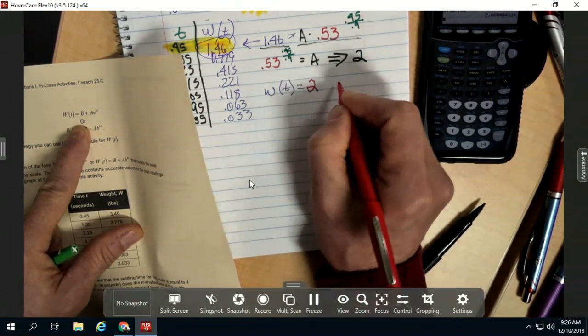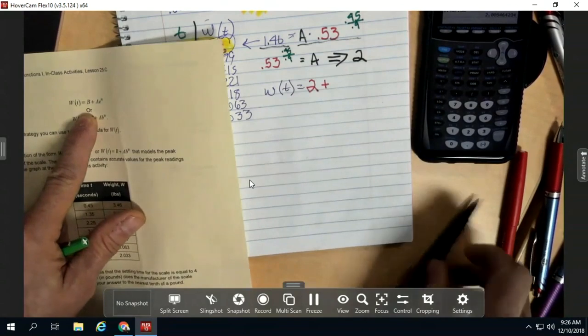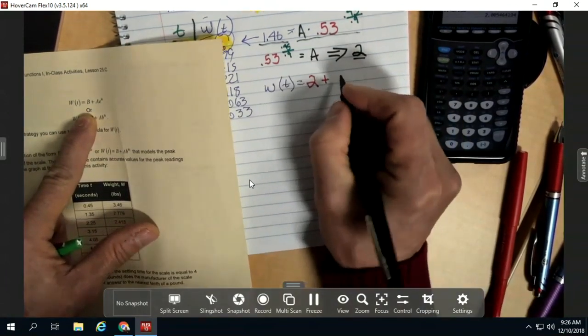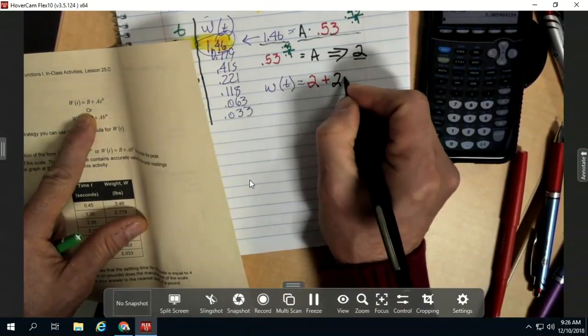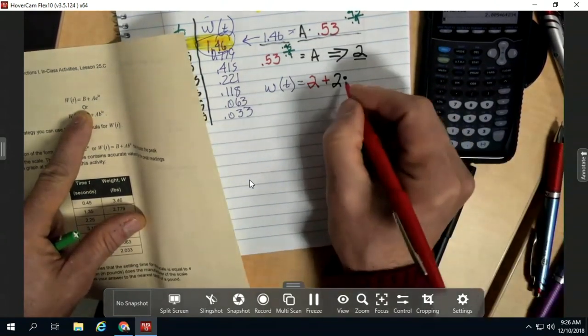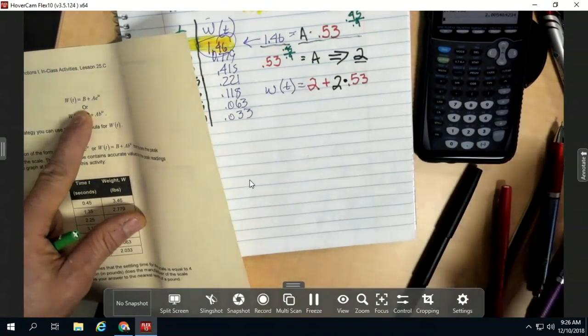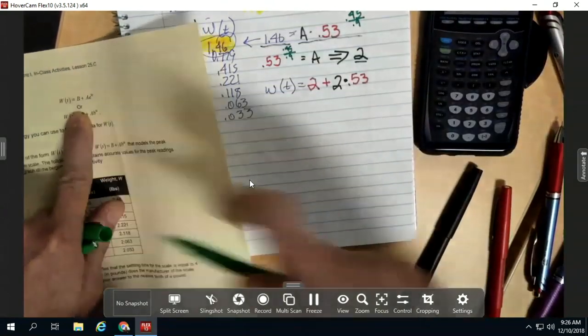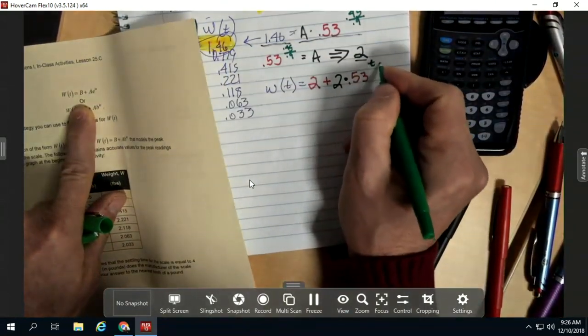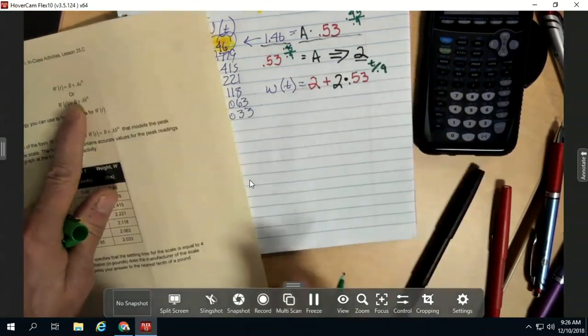Is 2 plus, what was our A value? 2 times, what was our ratio? 0.53 to the t divided by 0.9.